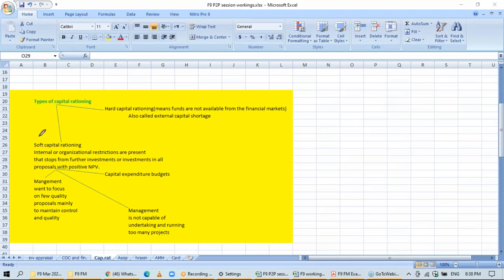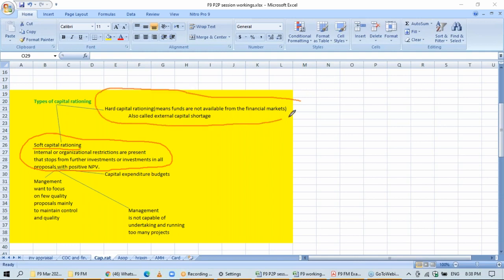The fund shortage may arise due to some internal reasons, which is known as soft capital rationing, or it may arise due to external reasons, meaning creditors and shareholders do not want to invest funds in the company due to either a high gearing ratio, or the shareholders are estimating that the projects are very risky and there is a big operational risk, therefore they are not investing in the company.